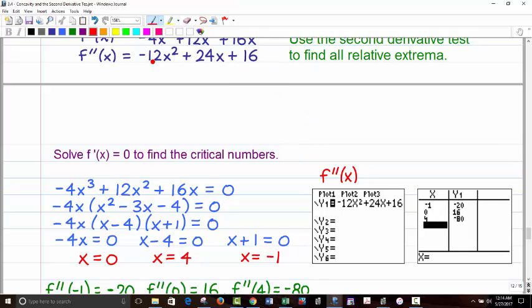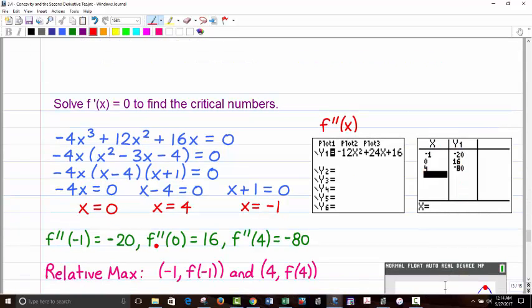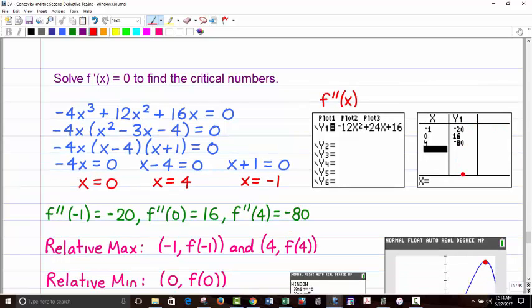So now you can see at the top right up here, there's the second derivative, which you see clearly I have entered in here as y1. So I put those three critical numbers that came from the first derivative into the second derivative, as you see right here, and also from over here. All right, that means, by definition, the two of them that produce a negative result are relative maxes.